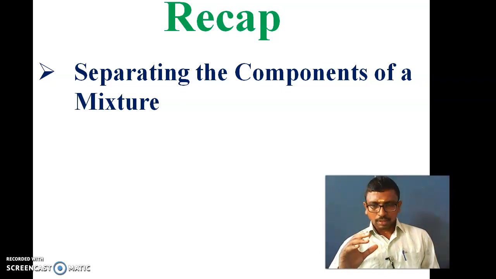The heavier liquid will settle at the bottom, and the lighter, less dense one will settle at the top.